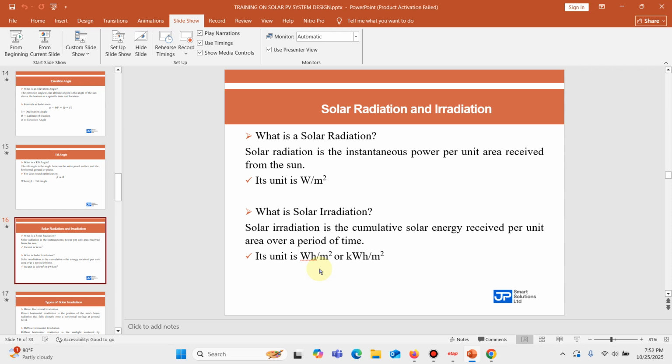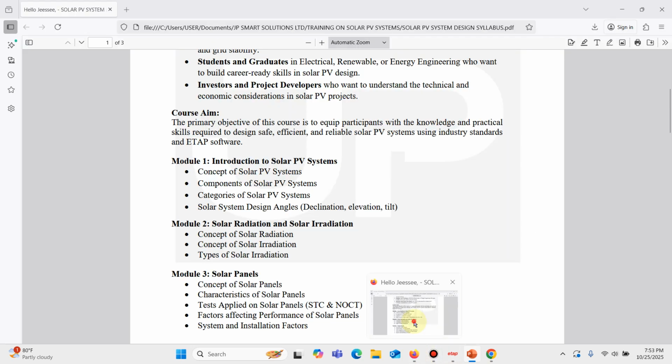Now, in our training tomorrow, we are going to explore in details the types of solar irradiation such as the direct, diffuse, and global horizontal irradiation.